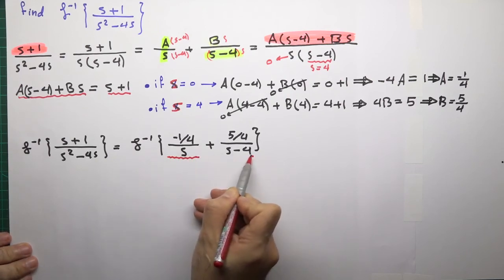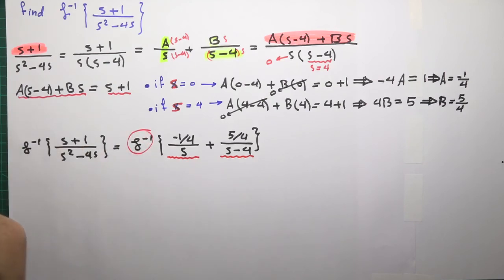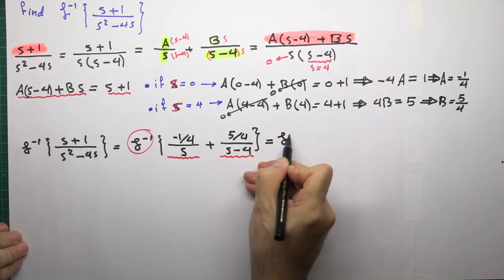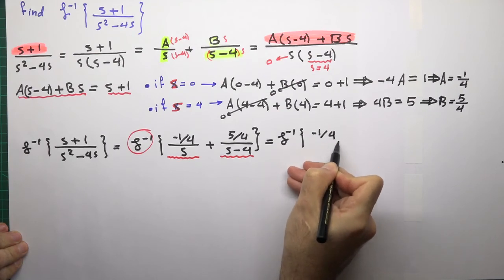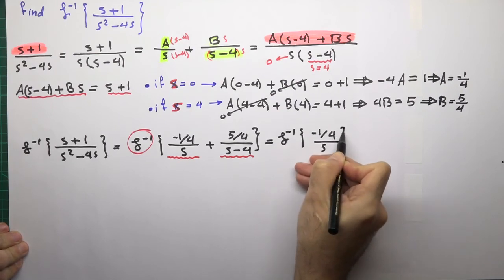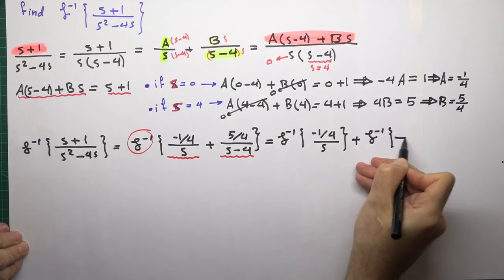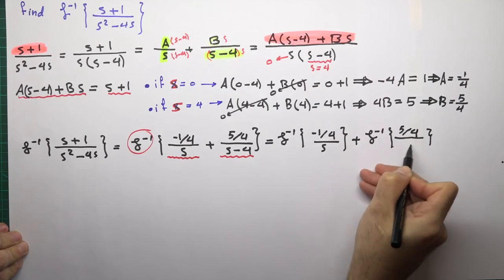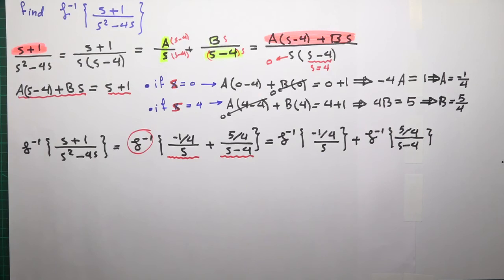I can give each function its own sign, so it will be the inverse Laplace transform of minus 1 over 4 over s plus the inverse Laplace transform of 5 over 4 over s minus 4.